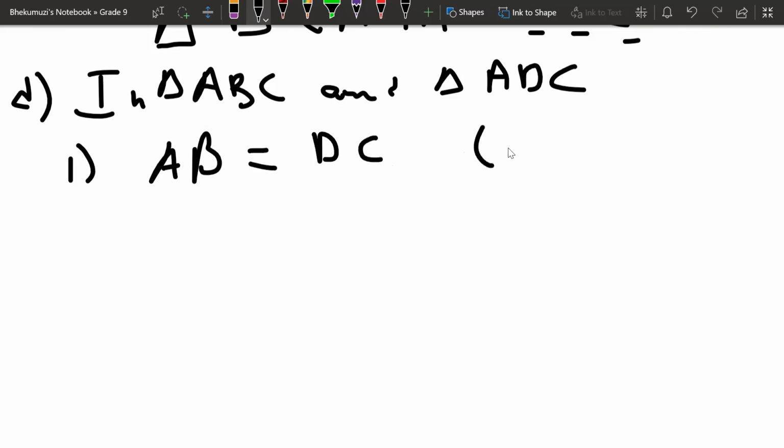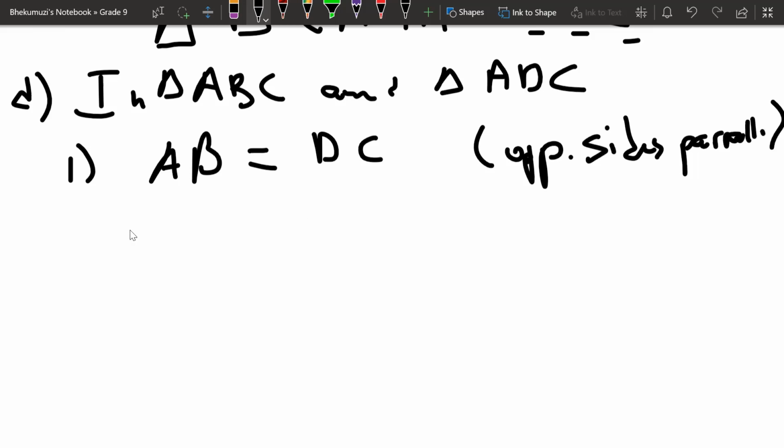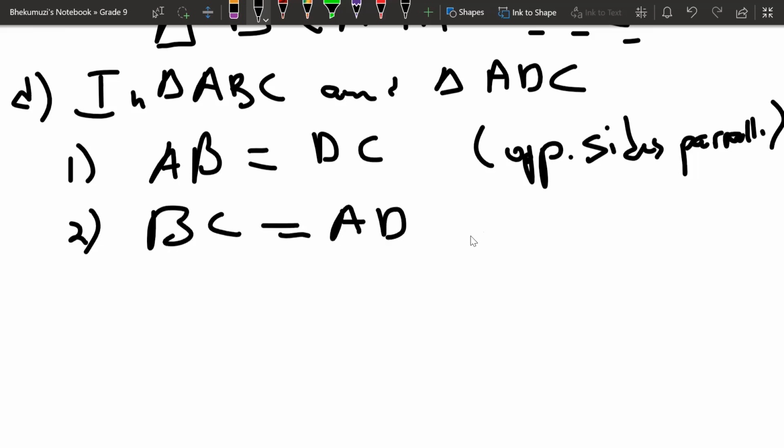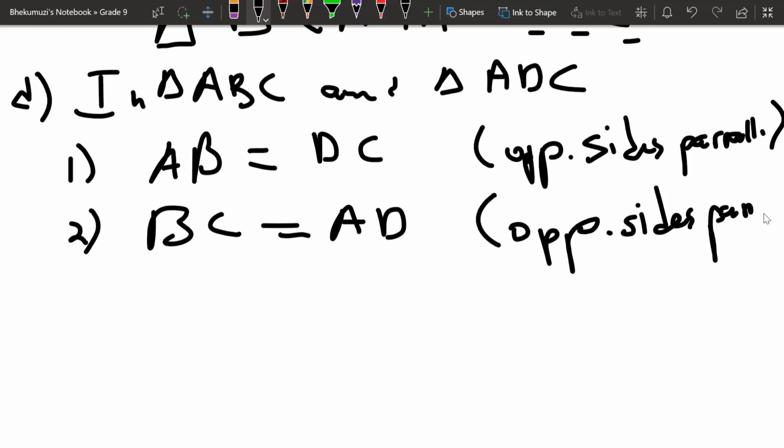And that opposite sides of parallelograms are equal, right? I won't write the full thing. Two, you can see that BC is equal to AD, and basically this is opposite sides of parallelograms are equal again.